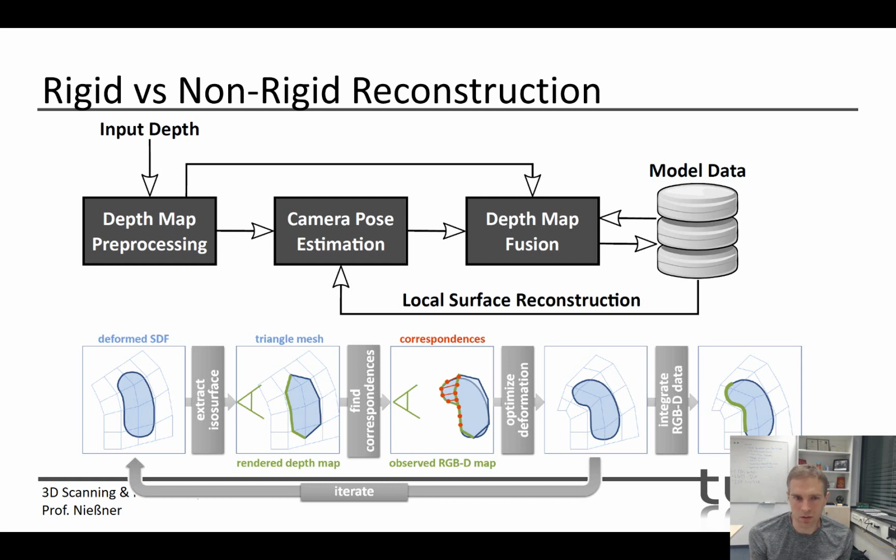That gives you a local surface reconstruction from which you can reconstruct a mesh, and you can also deform this mesh into pretty much any frame that you observe because you have these correspondences that you've optimized for.